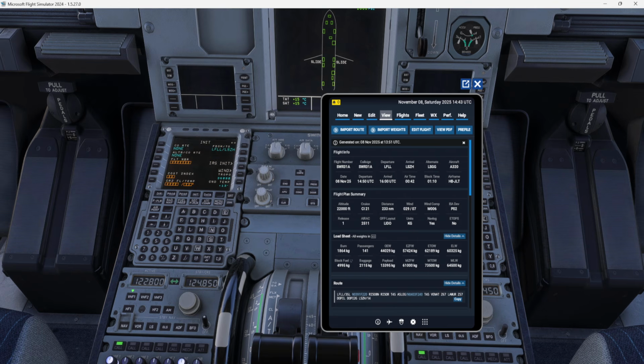Flight number is going to be Swiss 31 Alpha. The alternate we have LSGG. Cost index of 21, and cruising level 220.